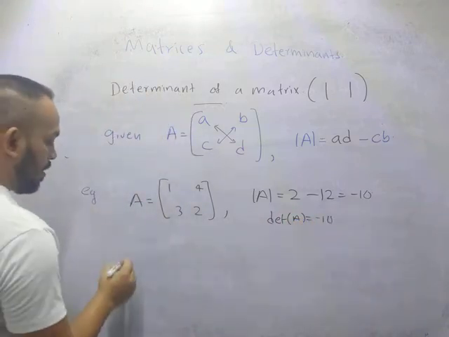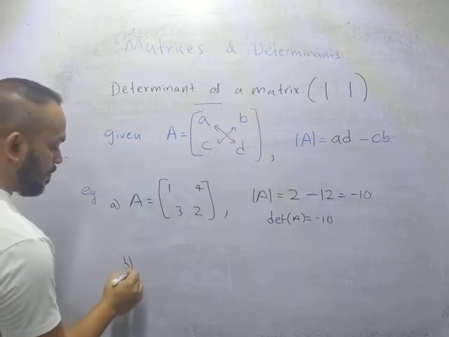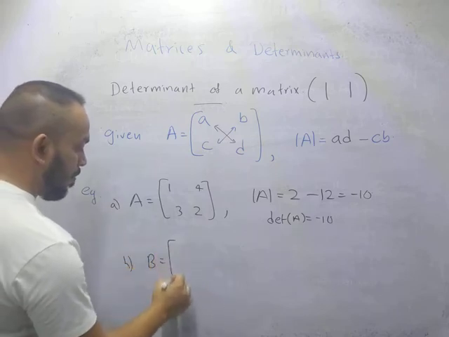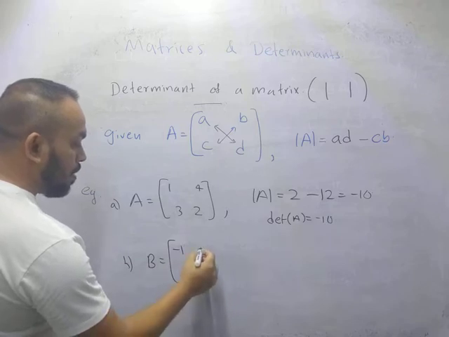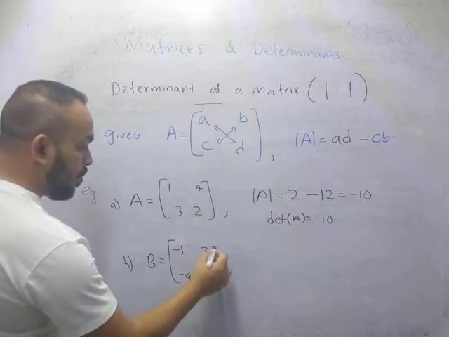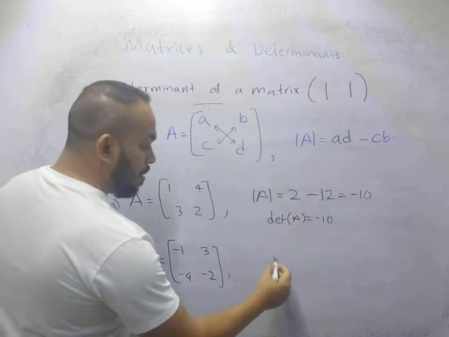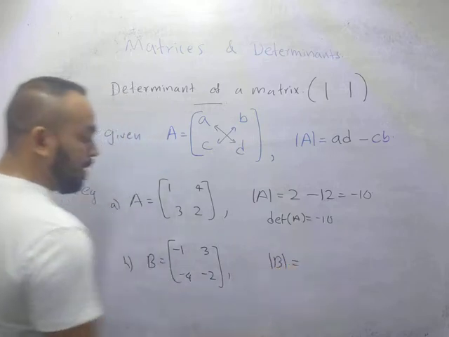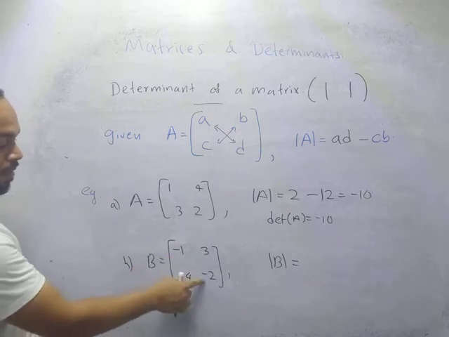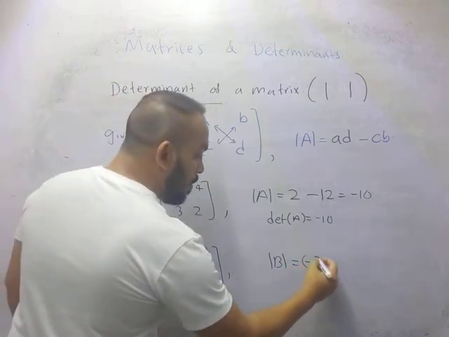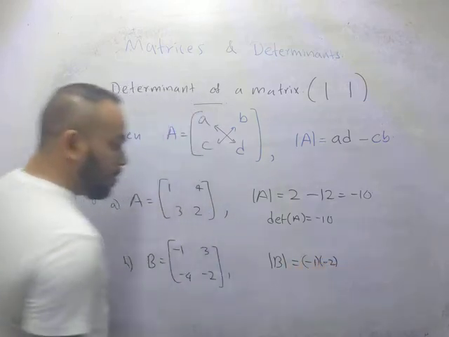Another example, B is minus 1, minus 2, 3, minus 4. To find the determinant of B, first multiply minus 1 into minus 2. Minus into minus, that is 2.